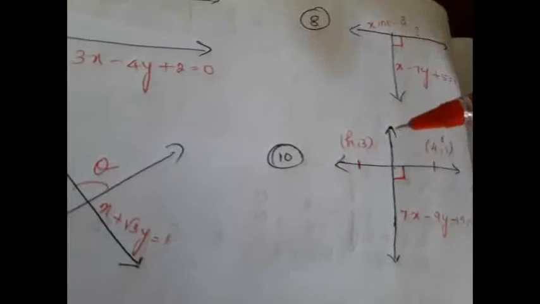The line through the points h, 3 and 4, 1 intersects another line 7x minus 9y minus 19 equal to 0 at right angle. They asked you to find the value of h. See, a line passing through these 2 points intersects another line at right angle. So right angle means what? 90 degree, perpendicular.